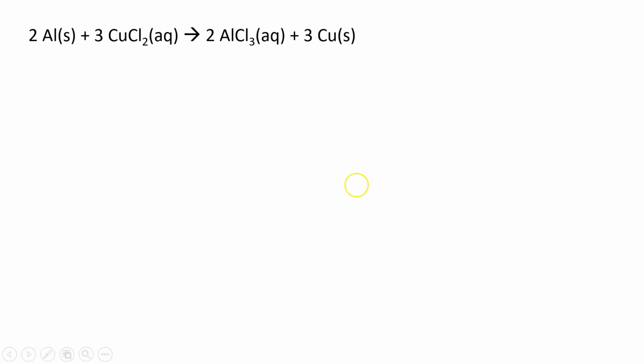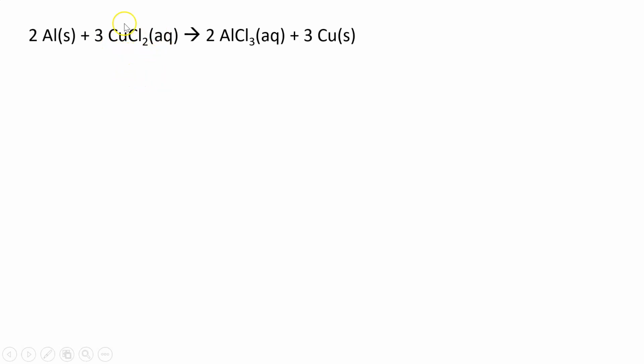We have aluminum as a solid. Now we have an aqueous CuCl2 solution. I have a solution of AlCl3, an aqueous solution, and then 3 copper solid. So what I want to do is first think about how these are going to break apart. What is going to break apart?